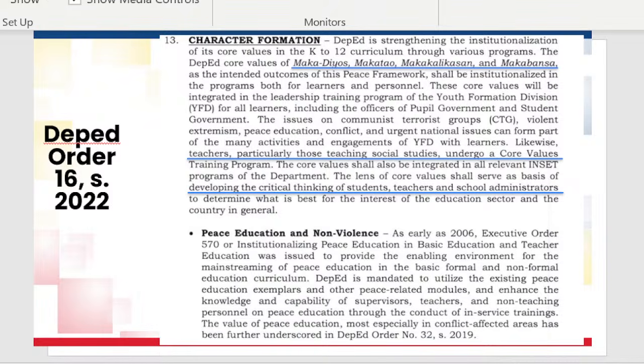In this same DepEd order, it strengthens the DepEd core values, makadiyos, makatao, makakalikasan, makabansa, as the intended outcomes of the peace framework, so that in teaching, the teachers are expected to introduce peace when discussing DepEd core values. That's for the best interest of our learner.